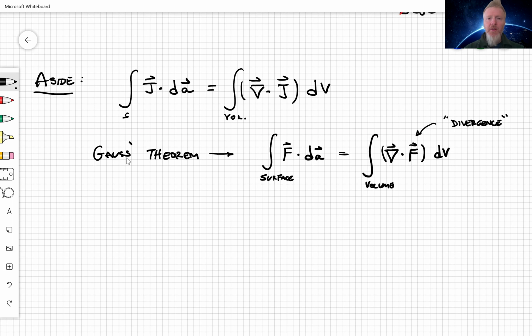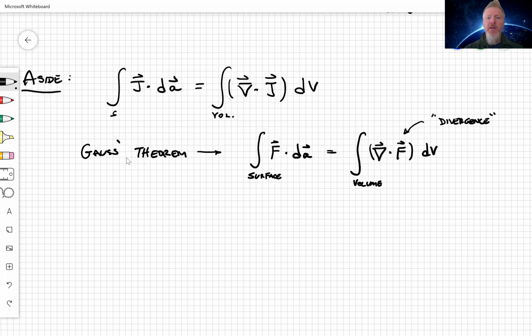So thinking about what the current density really is, in the case of the electric field there was nothing flowing, but in this case there is. So this is something we can really get our hands on.